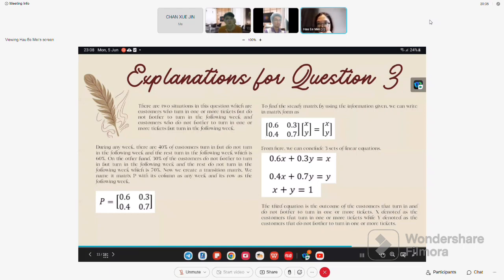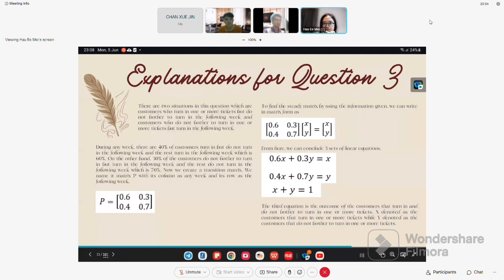So from here, we can derive three linear equations. The first equation is 0.6x plus 0.3y equals x. The second equation is 0.4x plus 0.7y equals y. And the third equation is x plus y equals 1.